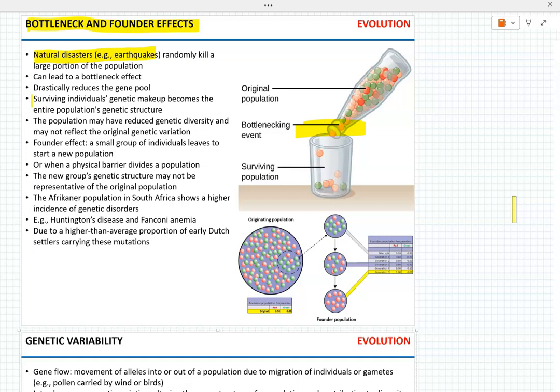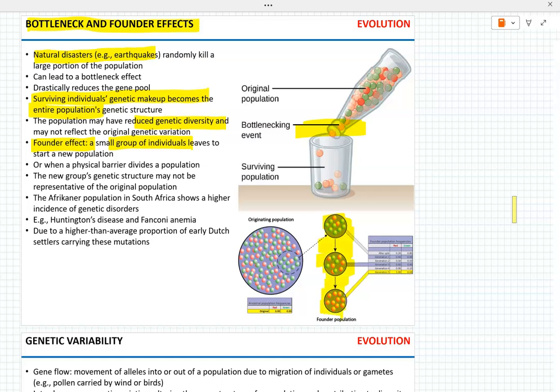The genetic makeup of the individuals that survive becomes the gene pool for the entire new population. These events may reduce the genetic diversity and probably will not reflect the genetic composition of the original population. Another form that we mentioned already is the founder effect, when a small group of individuals serve as founders of the new population.